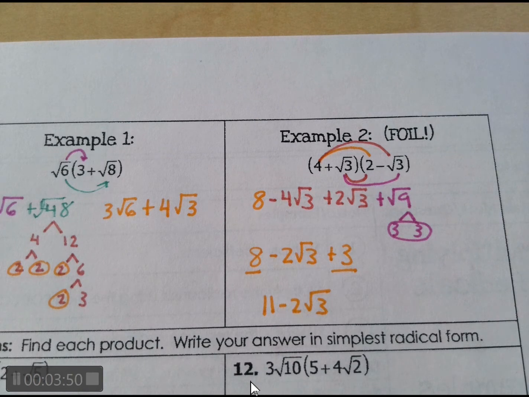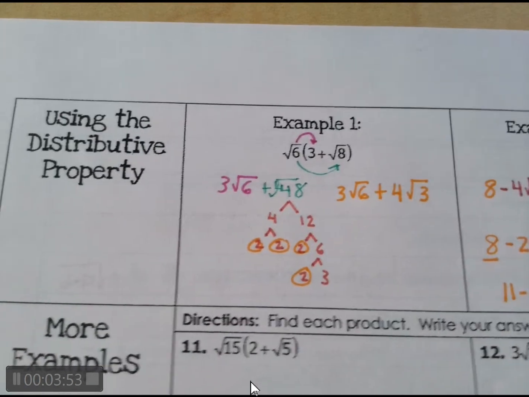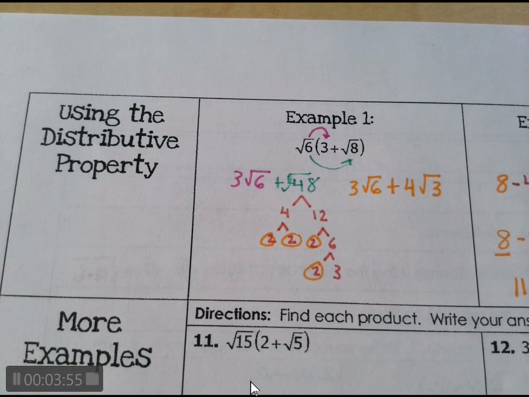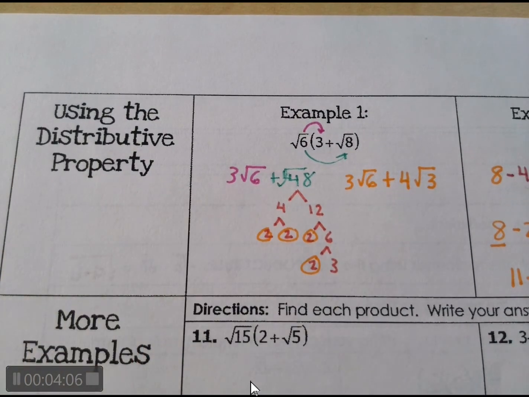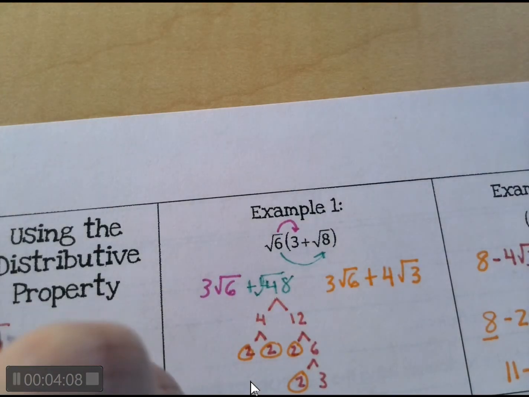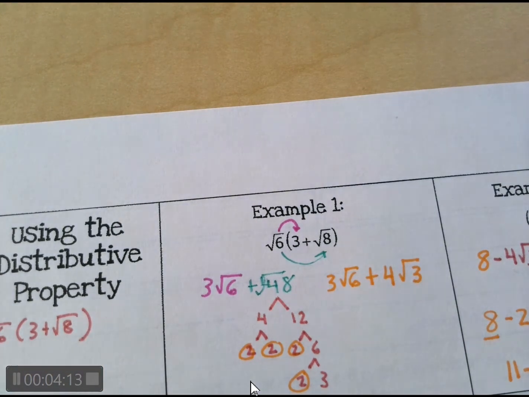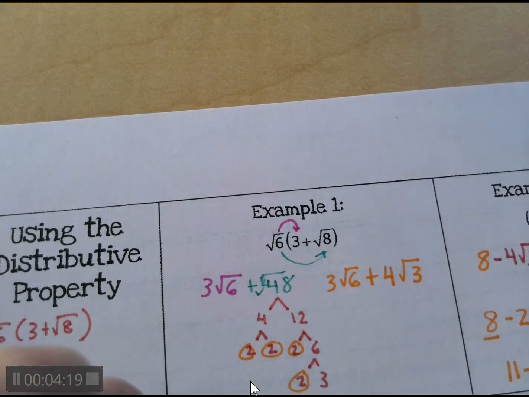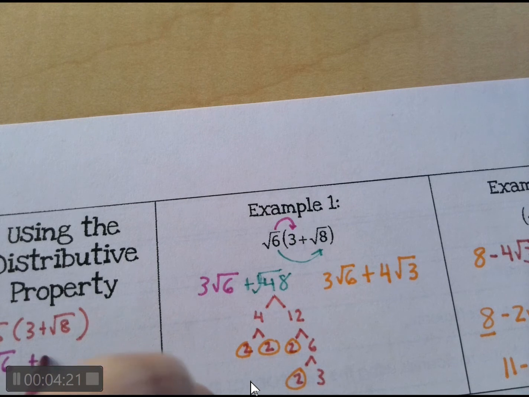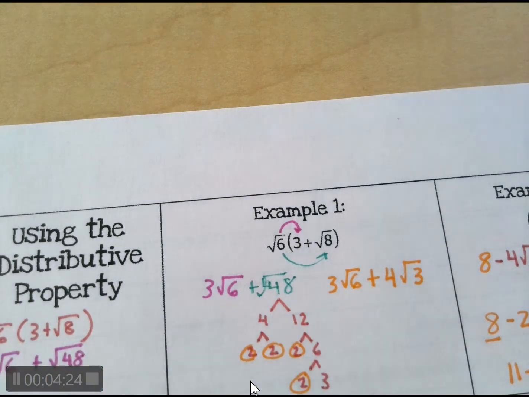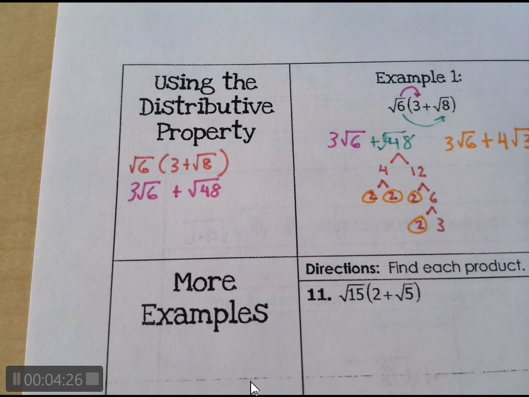Alright? So let's take a look at example 1 again, just for your information. There are actually 2 answers to this problem, okay? So I'm going to rewrite it over here. Alrighty, so we're going to distribute it just the way we did before, to get 3 square root 6 plus square root 48. Whoops, sorry. I moved the paper.